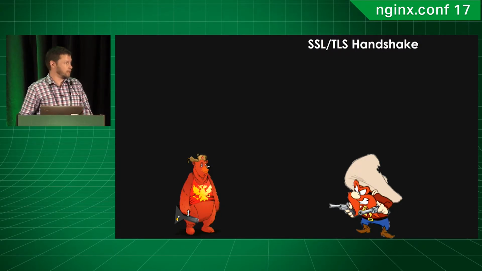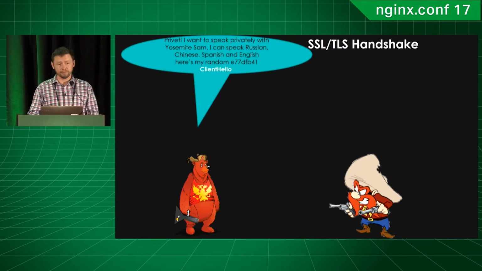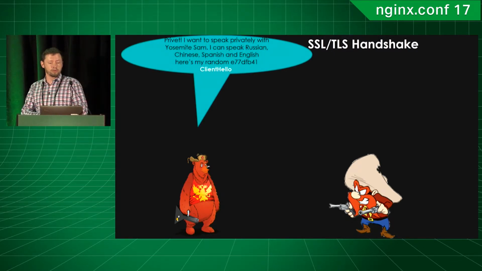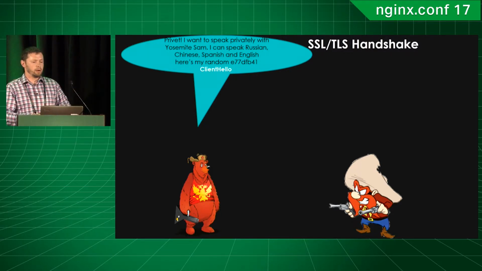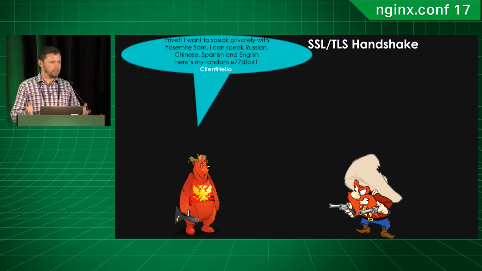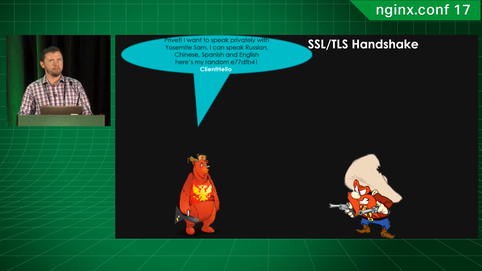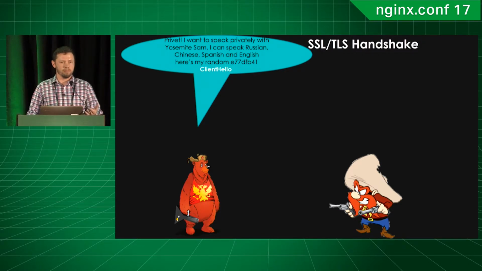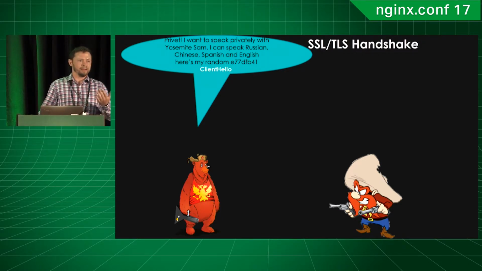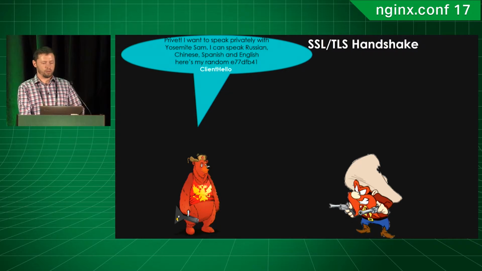So how does the TLS handshake work? The client is trying to talk to the server, and if we're talking about a normal TLS connection, the client usually uses a function called server name identification to present to the server the name of the server the client wants to talk with.